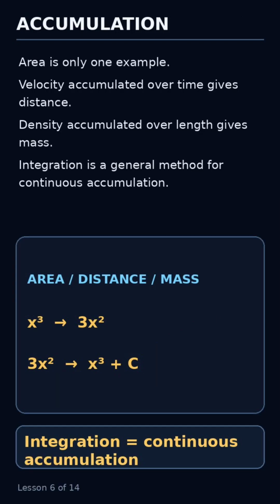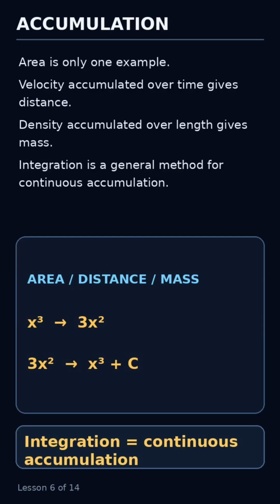Integration means accumulation. Now, we can go one step deeper. Area is only one application of integration. Integration is really about accumulation. For example, if velocity is changing with time, integrating velocity gives distance. If density is changing along an object, integrating density gives total mass.